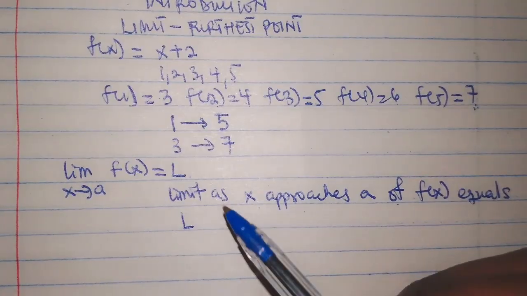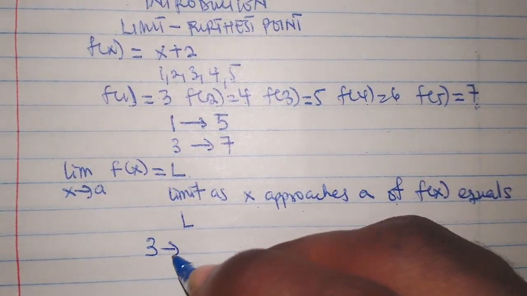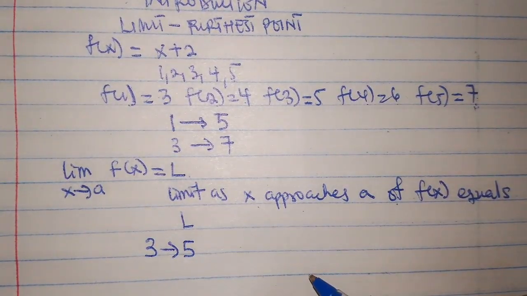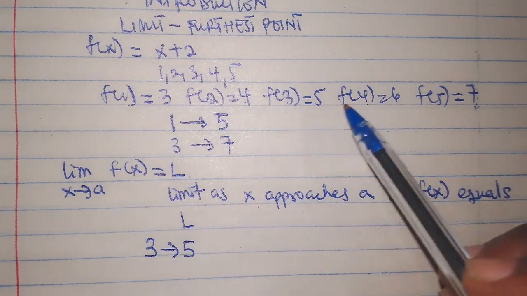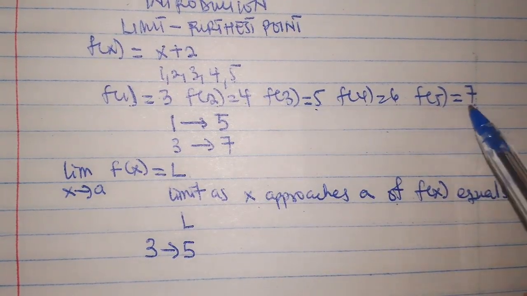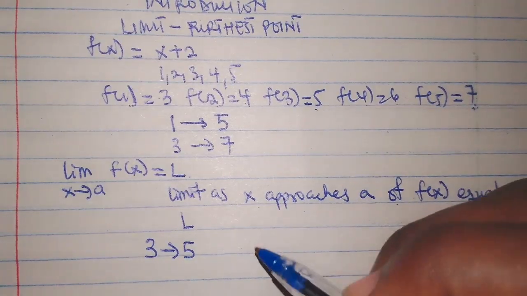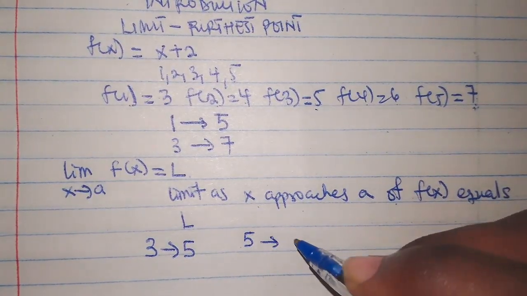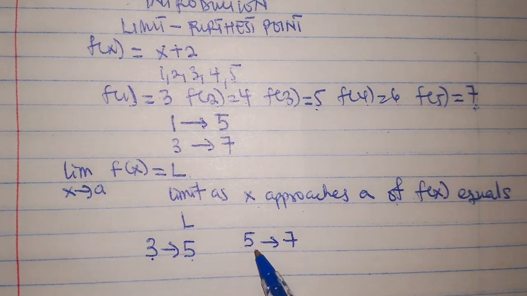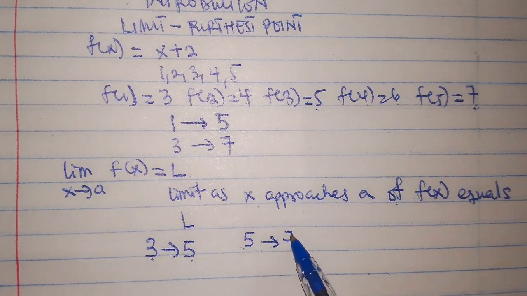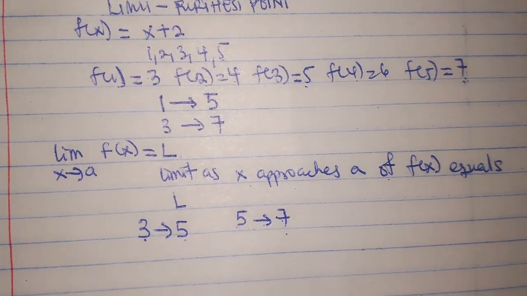Then let's take our x to be 3. Now we are moving from 3 to 5. We know that f of 3 is 5, and f of 5 is 7. As we move from 3 to 5, the values are close to each other, 5 to 7.